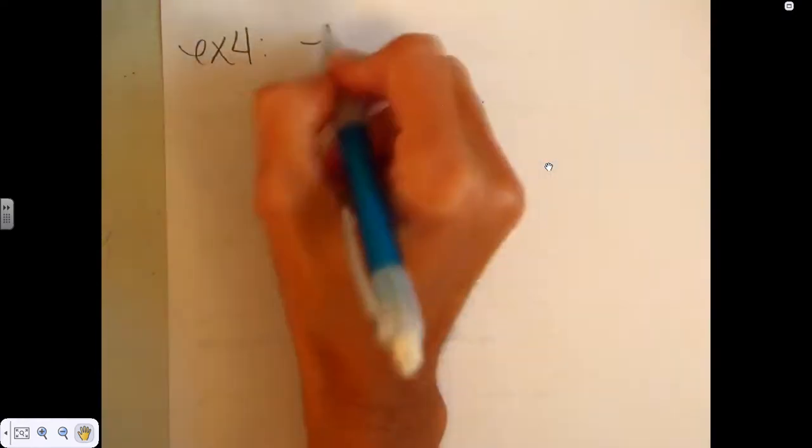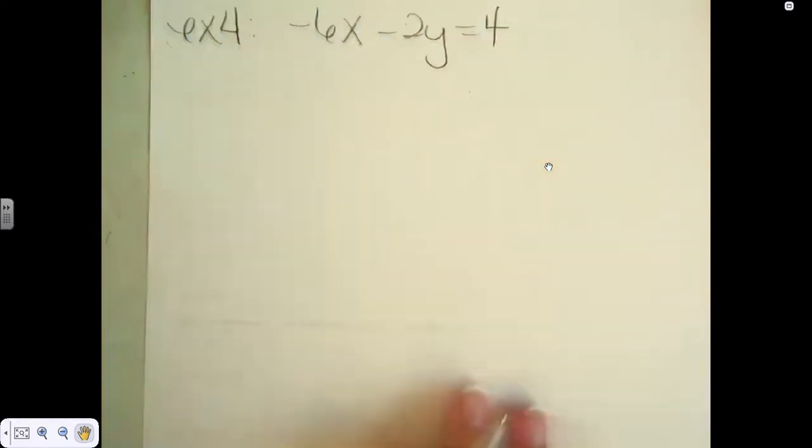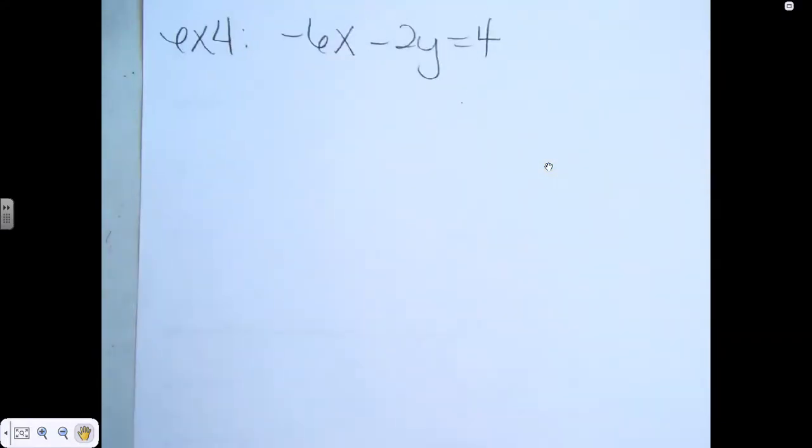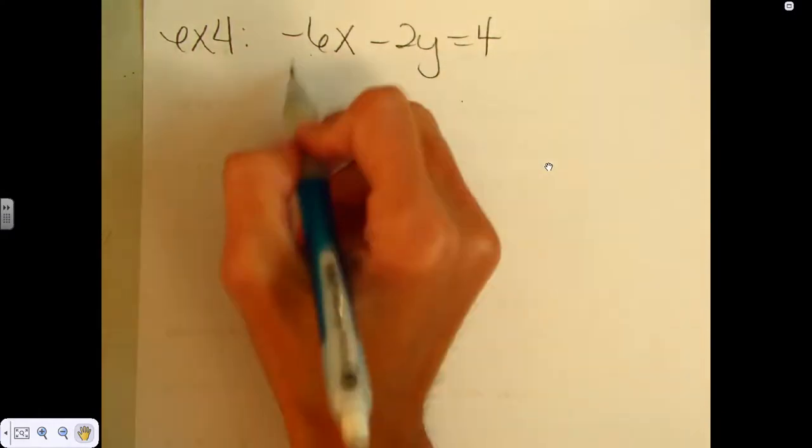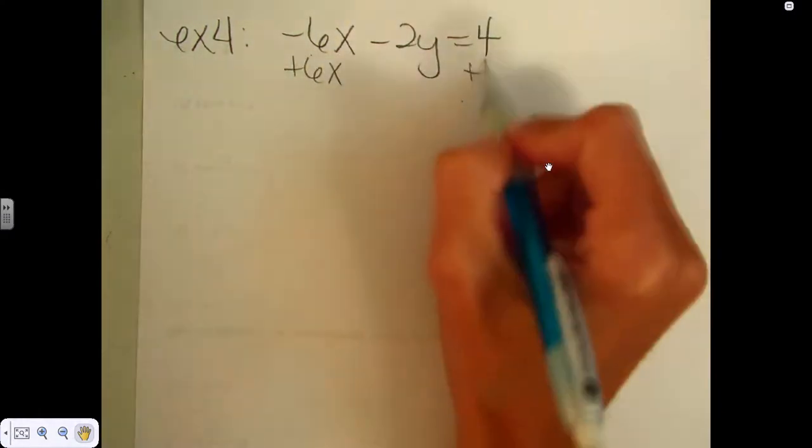Okay, next equation. Example number 4. Negative 6x minus 2y is equal to 4. This is in standard form. I need to write it in slope-intercept. So I need to get rid of negative 6x.